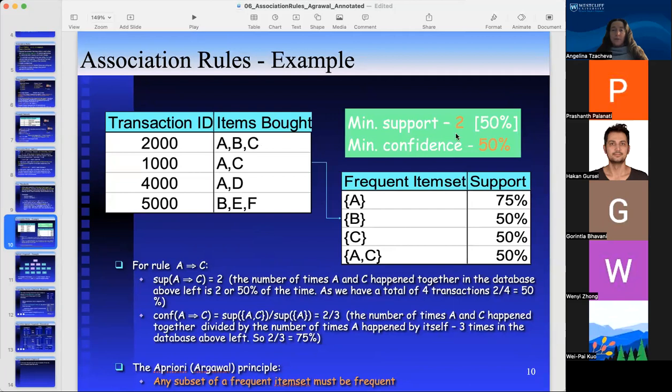So the minimum support should be 2, or 50%, and the minimum confidence also 50%. This is what the user gave us. So now we're going to extract the frequent item sets from this little database.